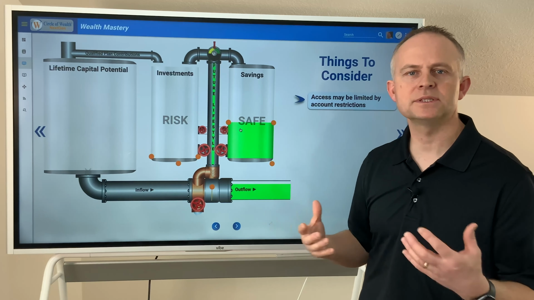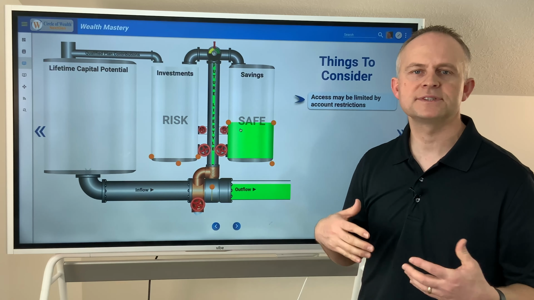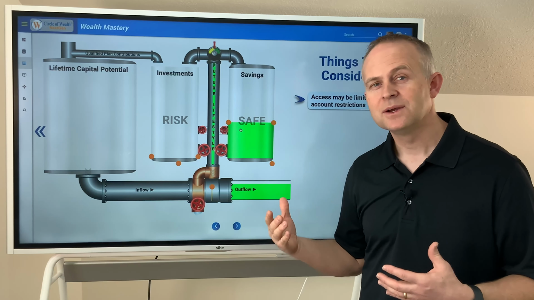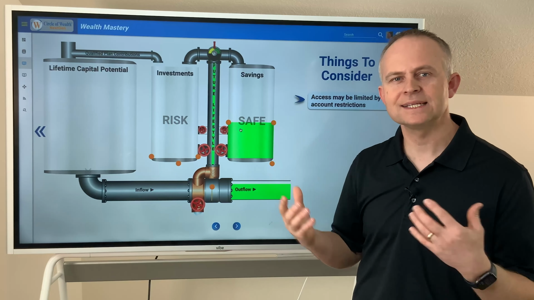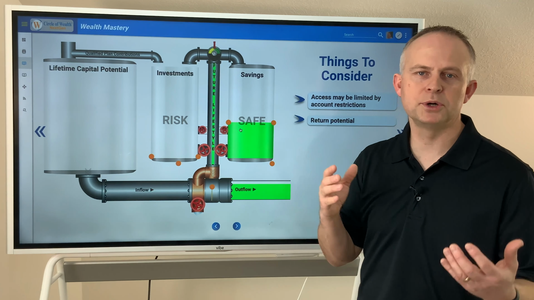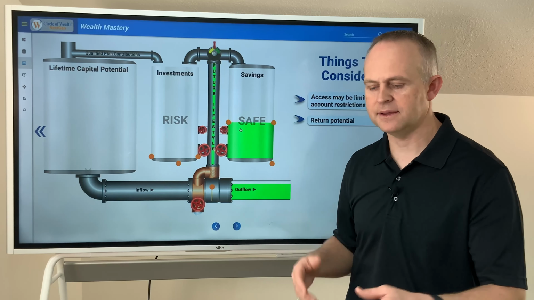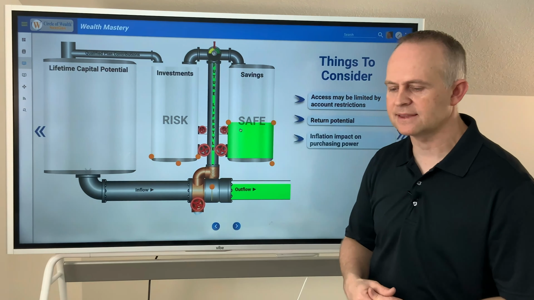If it's tied up in some sort of investment where you have to sell off some stocks, you may not want to sell when the market's down, so you've got to consider the timing of it and whether or not you have access to it. You also have to consider the return potential. If you're putting your money into the bank, then you've got to realize that you might not be earning much money. Whereas if you put your money somewhere else, you have to understand the risks associated with that and the availability of the money and things like that.